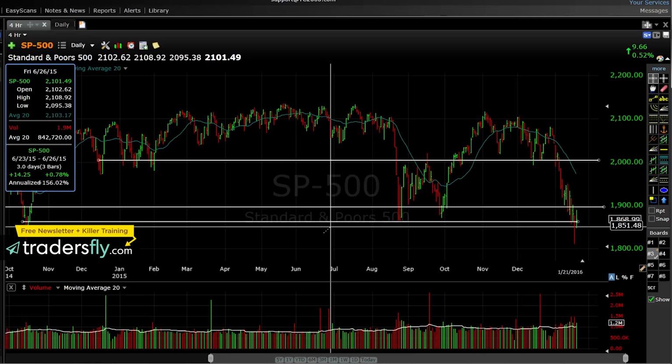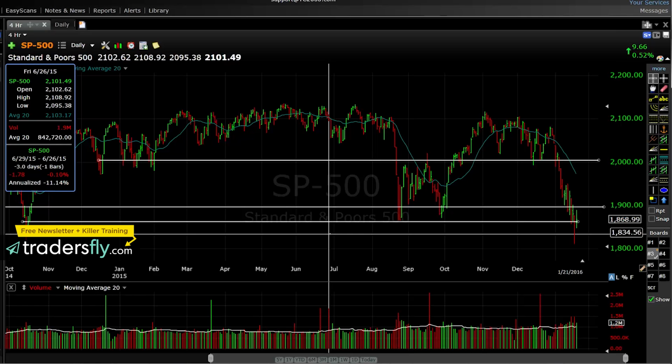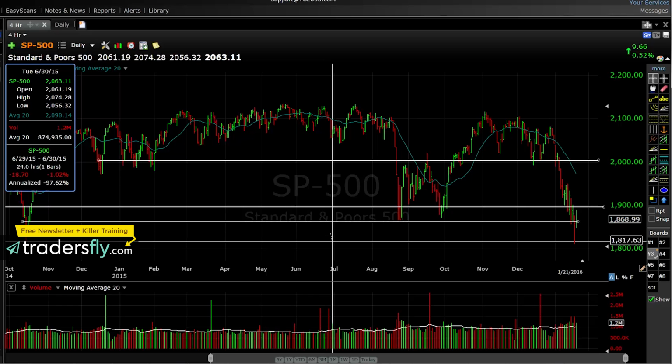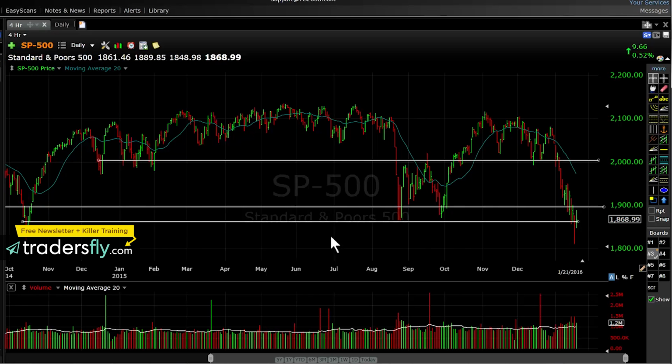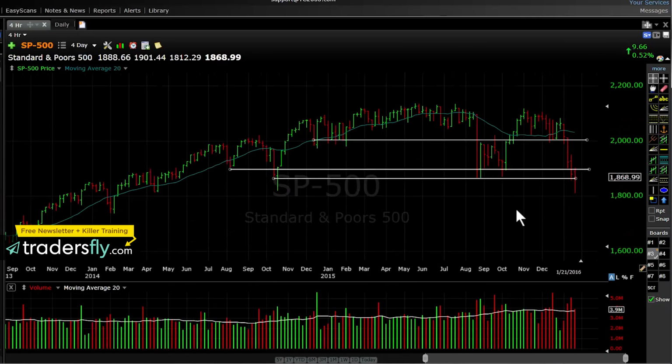If we break that level cleanly, meaning on a full bar break, you'll probably see 1834 or even 1816. If we break those levels, you could see some other very bad, massive sell-offs in the marketplace. So it's something to watch very closely.